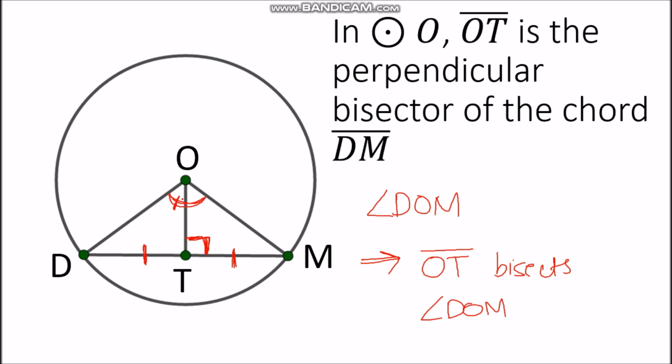So you have angle DOT and angle MOT. It follows that angle DOT is congruent with angle MOT. So the perpendicular bisector of the chord will also divide the angle into two congruent parts.